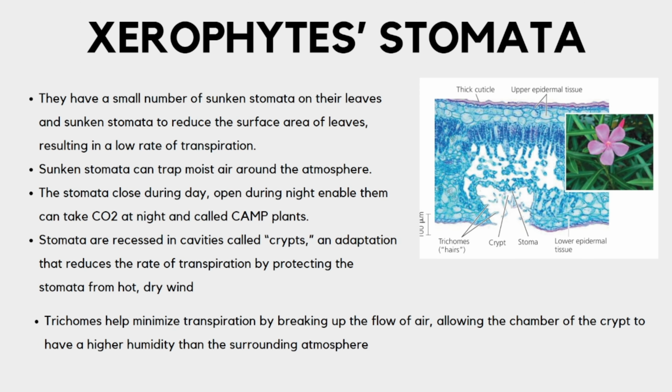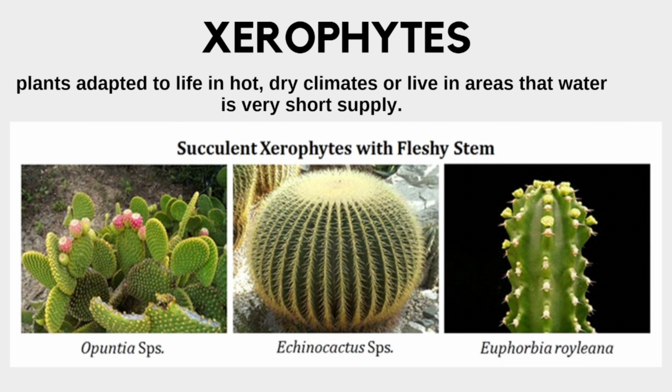Imagine a xerophyte surviving at very high temperature and low water conditions, like desert, 60 degrees Celsius. If a normal plant survived there, during the day the stomata would be open. Once open, what happens? Water loss, and the plant will die. Because there, water supply is very short and very limited, they cannot get water, then the plant will die.